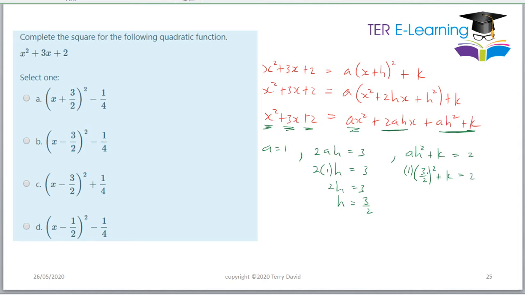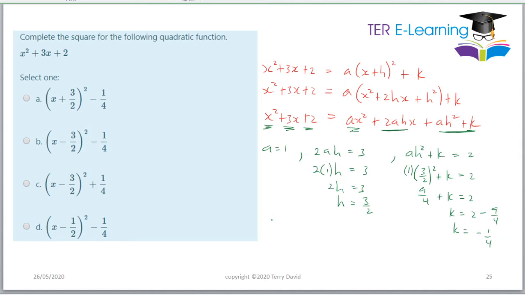So when you work out 3 over 2 squared, you will get 9 over 4 plus k is equal to 2. So therefore, k is equal to 2 minus 9 over 4. Alright? So 2 minus 9 over 4 gives me minus a quarter.